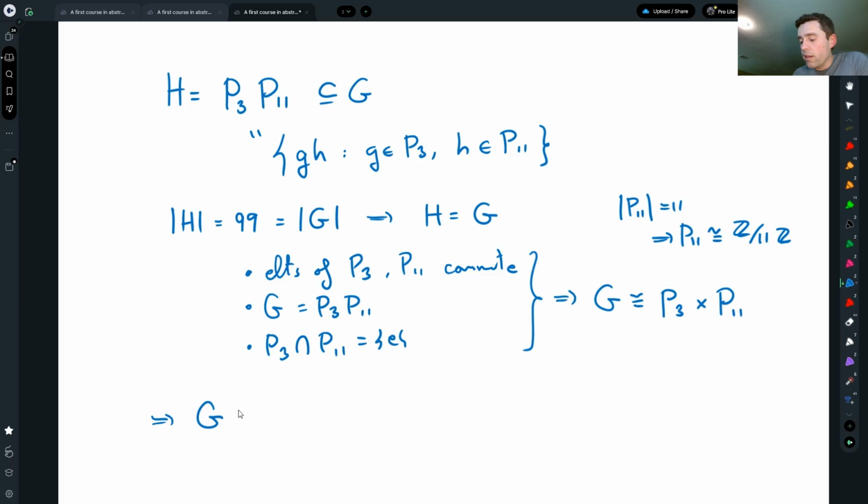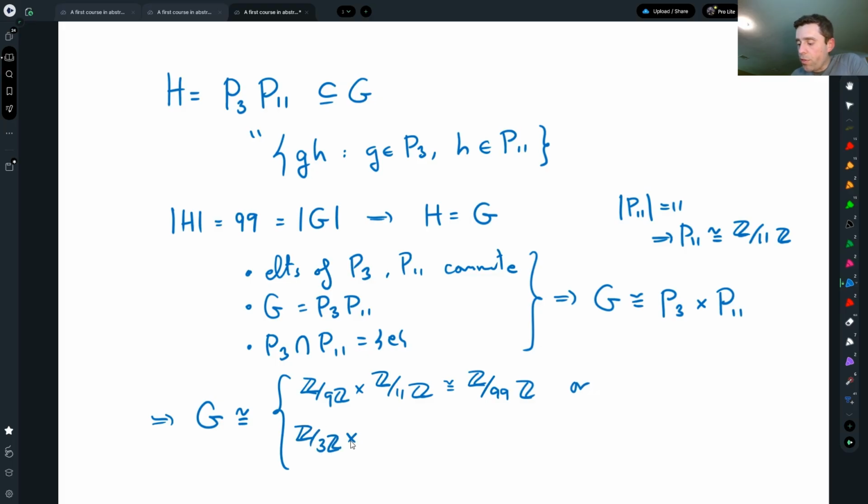that G is abelian, and it has to be isomorphic to either Z modulo 9 cross Z modulo 11, which by the Chinese remainder theorem is actually isomorphic to Z modulo 99, or it is Z modulo 3 cross Z modulo 3, that is the 3 part, the other possibility for the 3 Sylow, times Z modulo 11Z, which can be simplified just a little bit using the Chinese remainder theorem to be Z modulo 3 cross Z modulo 33Z.